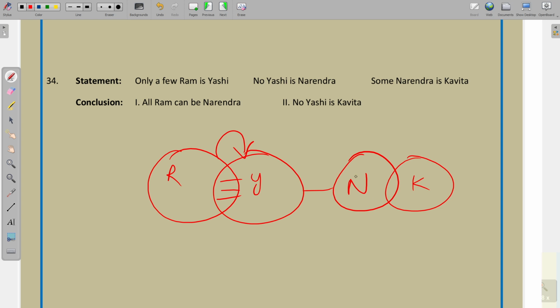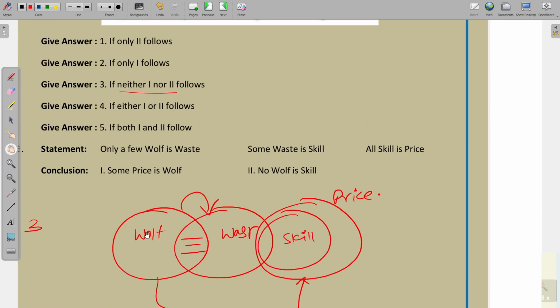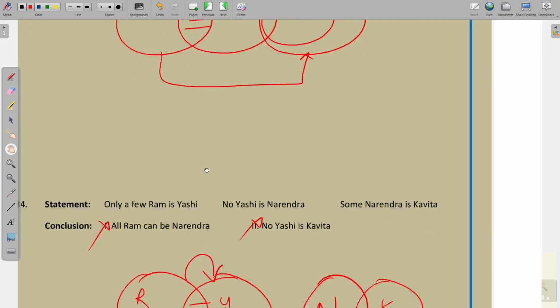Suppose if all Ram can be Narendra అయితే some Ram is Yashi, Yashi అనేది definitely not follows అవుతుంది కాబట్టి conclusion 1 definitely does not follow. Next, no Yashi is Kavita. So Yashi here and Kavita here, no definite relation between Yashi and Kavita. The second one is also not following. What is the answer here? Neither 1 nor 2 follows, that is option 3 is the answer.